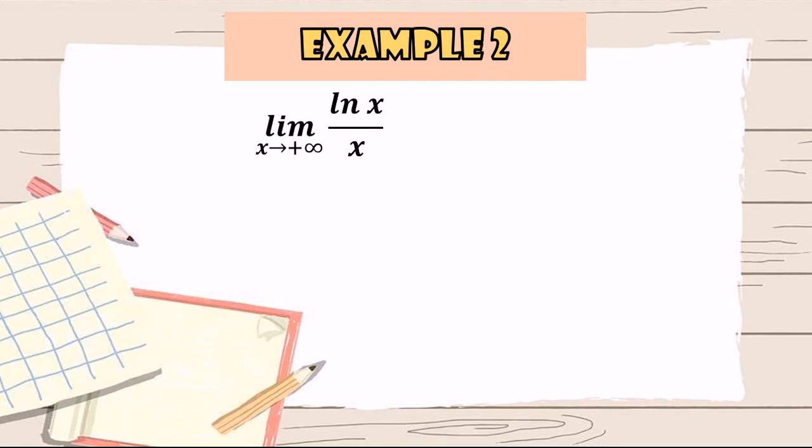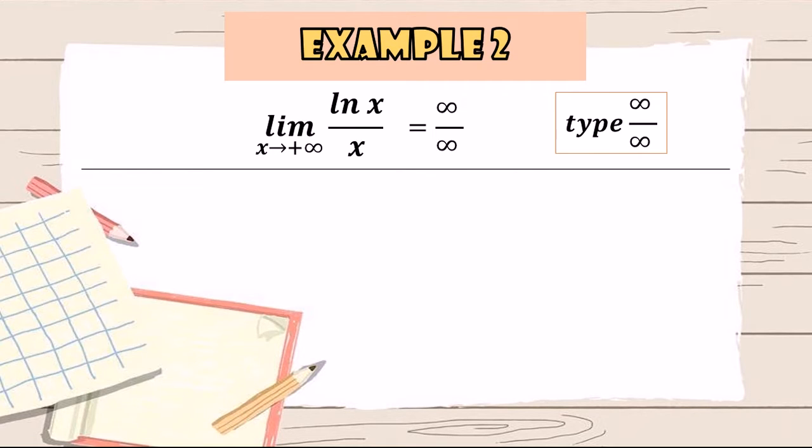Example 2. The limit of ln x over x as x approaches positive infinity. If we replace x with positive infinity, it will result in infinity over infinity. It is an indeterminate form. So we will use L'Hospital's rule. The derivative of the numerator ln x is 1 over x, and the derivative of the denominator x is 1.